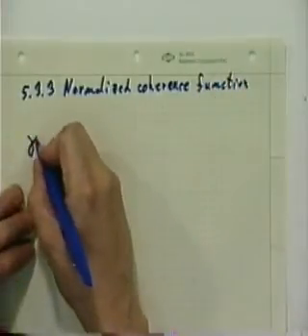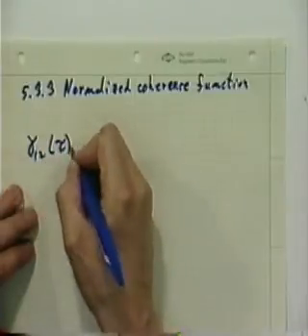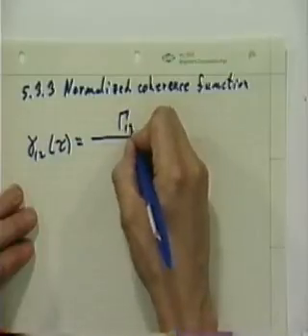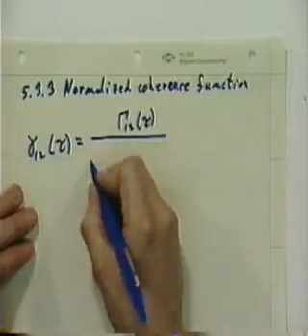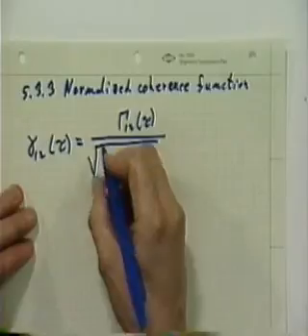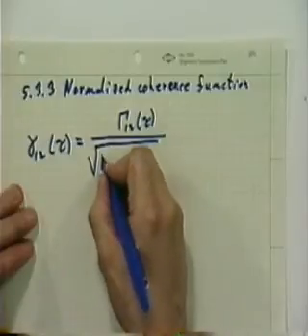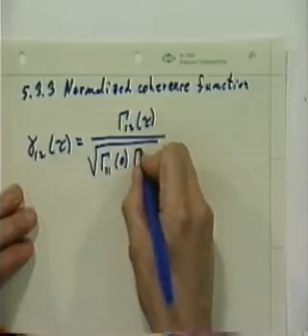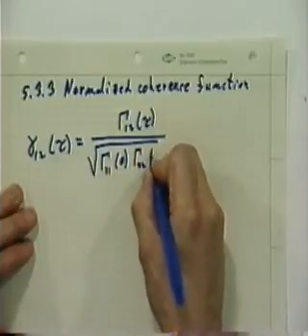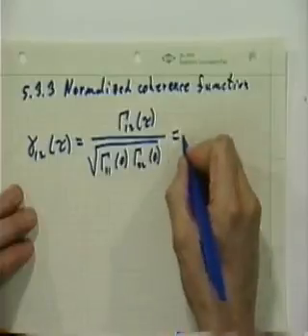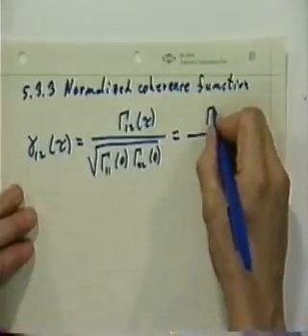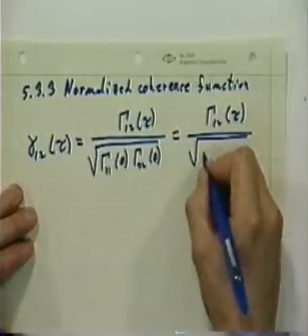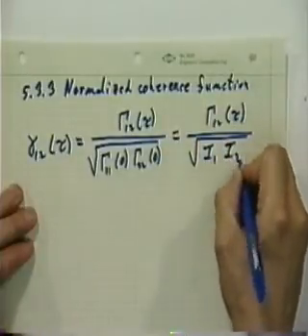And we'll call this little gamma 1/2 of tau. And that's going to be equal to capital gamma 1/2 of tau divided by the square root of capital gamma 1/1 of 0, capital gamma 2/2 of 0, or in other words, capital gamma 1/2 of tau divided by the square root of I1, I2.